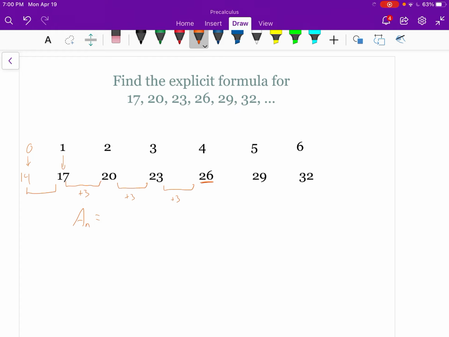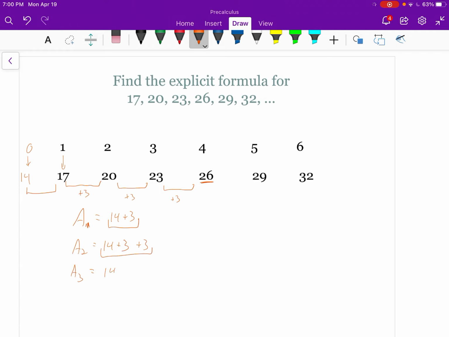So to get to our next term, this would be 14 plus 3. But then that would be our first term is 17. Our second term would be our first term, 14 plus 3, plus another 3.